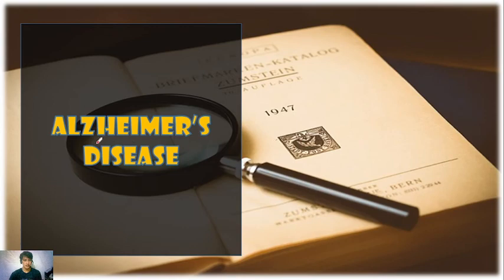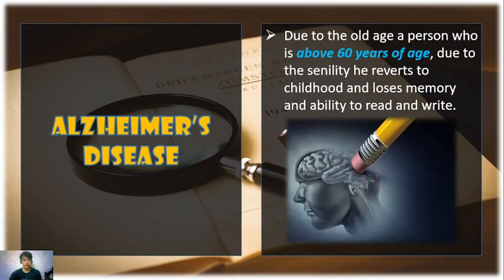So next here is Alzheimer's disease. You are very much familiar with this. This is usually experienced by persons aged above 60 years. This is a condition wherein they lose their memory and the ability to read and write.